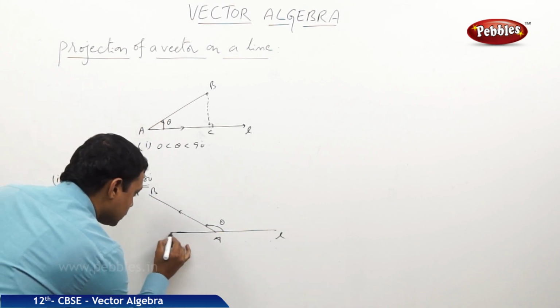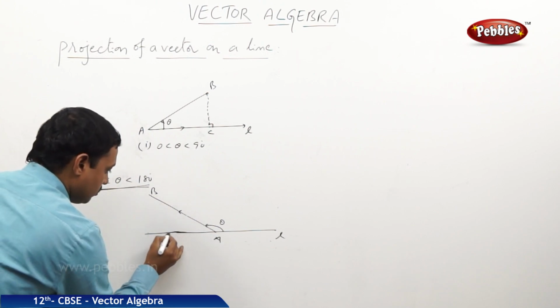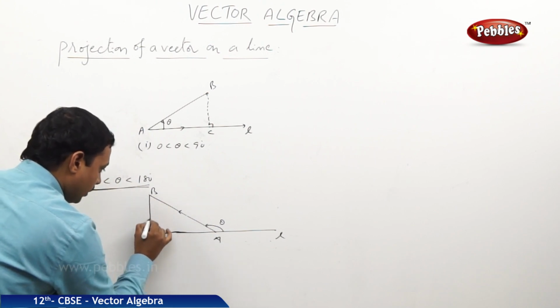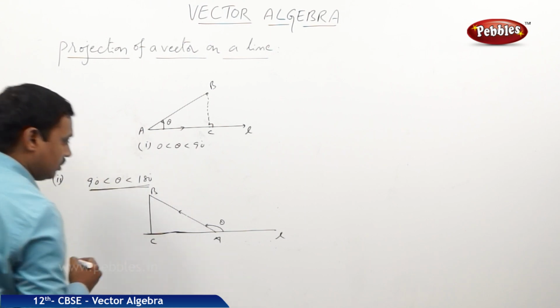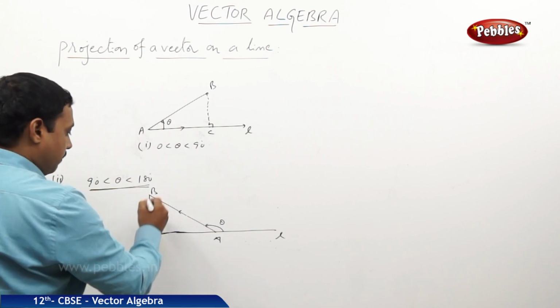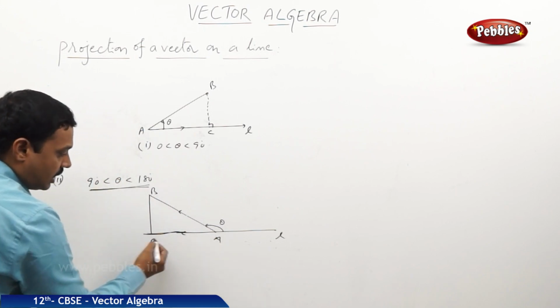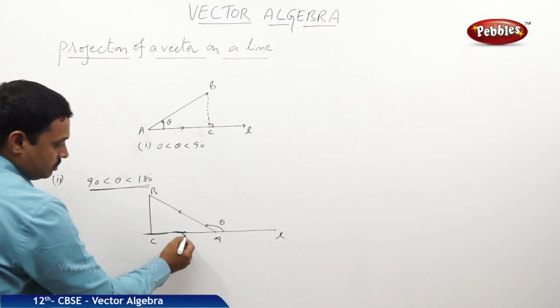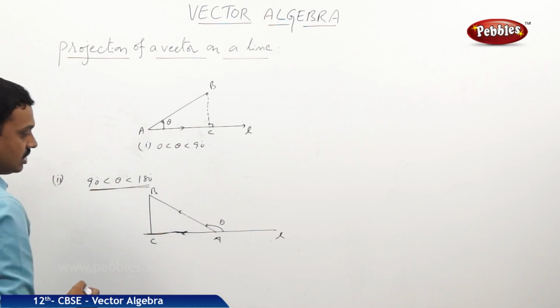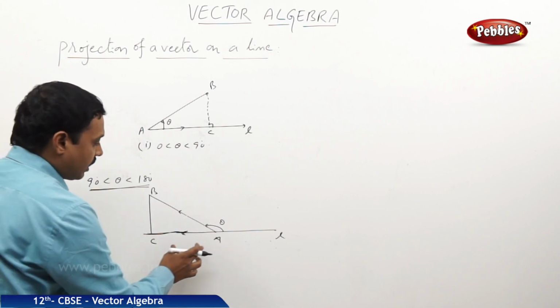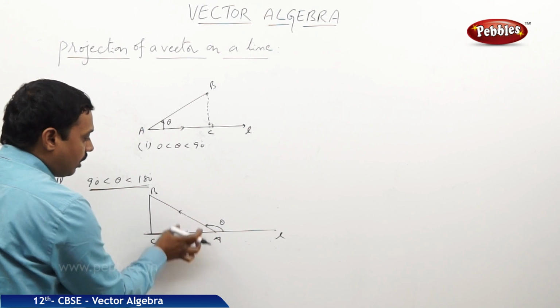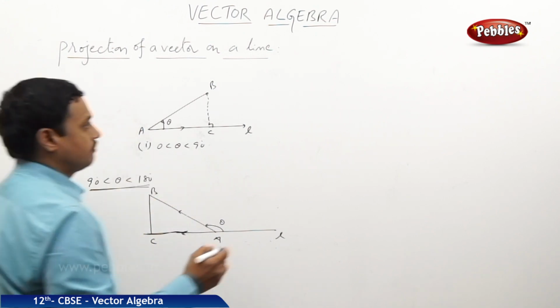Now on this extension, we can take the perpendicular BC to the line L like this. Now here the AC will be the projection. This AC is the projection vector of AB on L in this case.